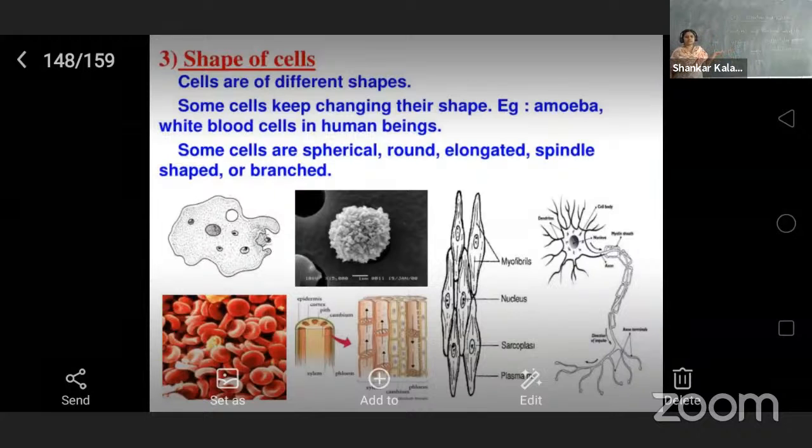And white blood cells in human beings also are having different shapes. Some cells are spherical, round, elongated, spindle shaped, or branched like nerves. You know, the nerves are having branches in our body. Everywhere you can find the nerves in our body.